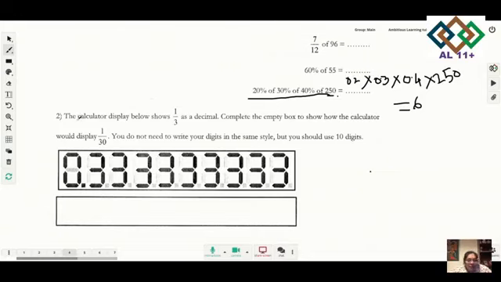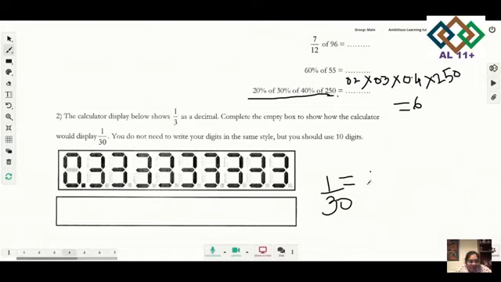It says the calculator display below shows 1/3 as a decimal. Complete the empty box to show how the calculator would display 1/30. You do not need to write your digits in the same style, but you should use 10 digits. So the easy way of doing this one is you just need to do 1 by 30. You need to simplify that.